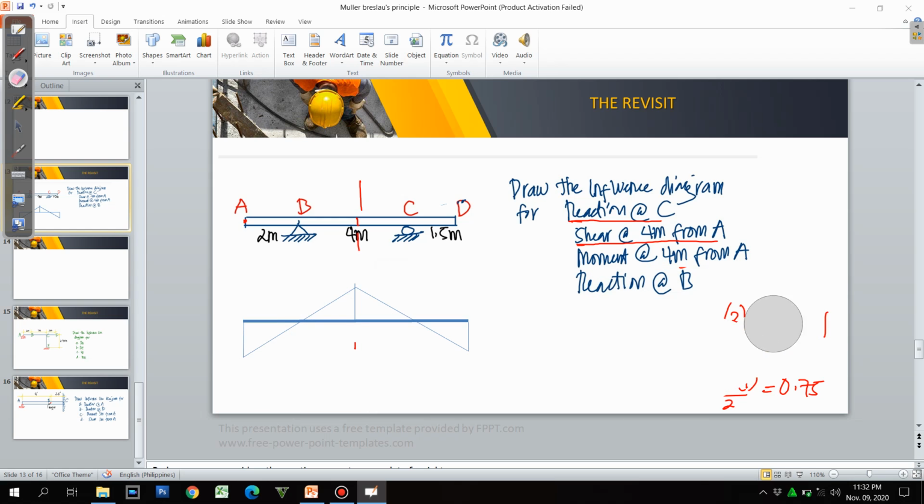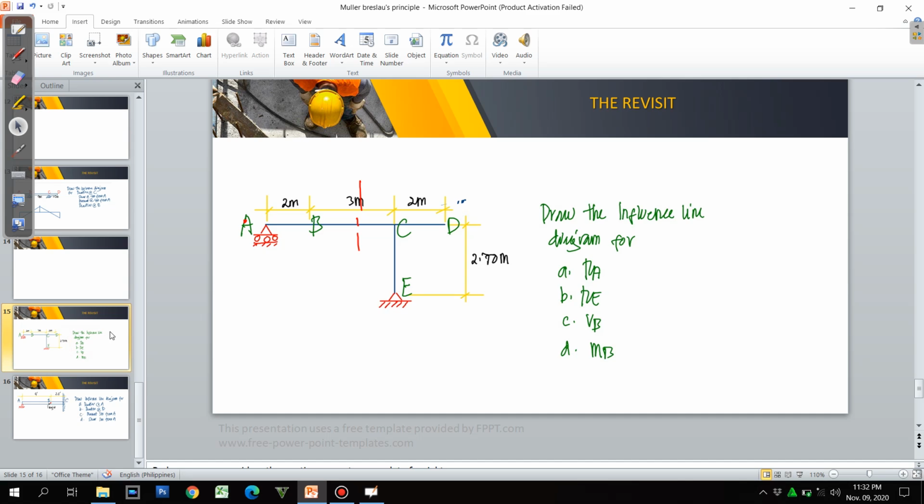And for the remaining problem, let us do this by Mahler-Breslau method. Okay, so it will be your activity for today.